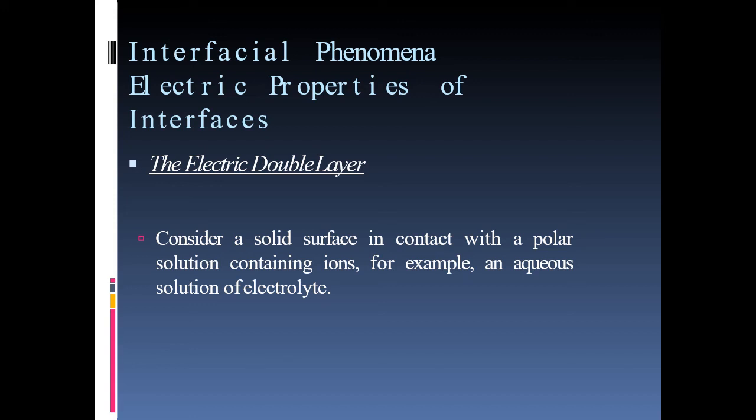The object might be a solid particle, a gas bubble, a droplet, or a porous body. The double layer refers to the two parallel layers of charge surrounding the object. It is considered as a solid surface in contact with a polar solution containing ions, for example, an aqueous solution of electrolyte.